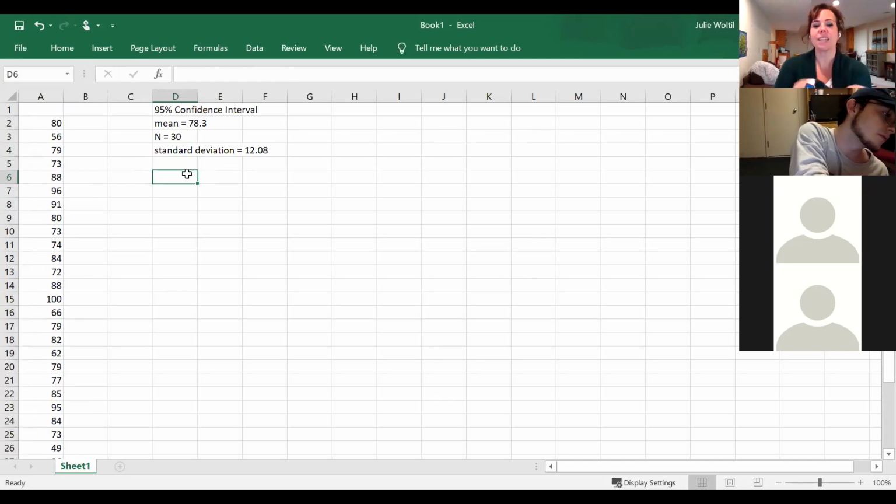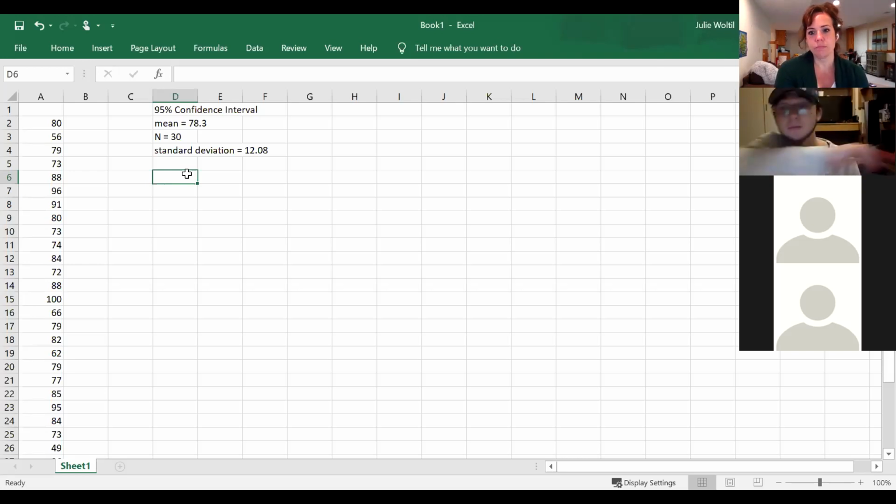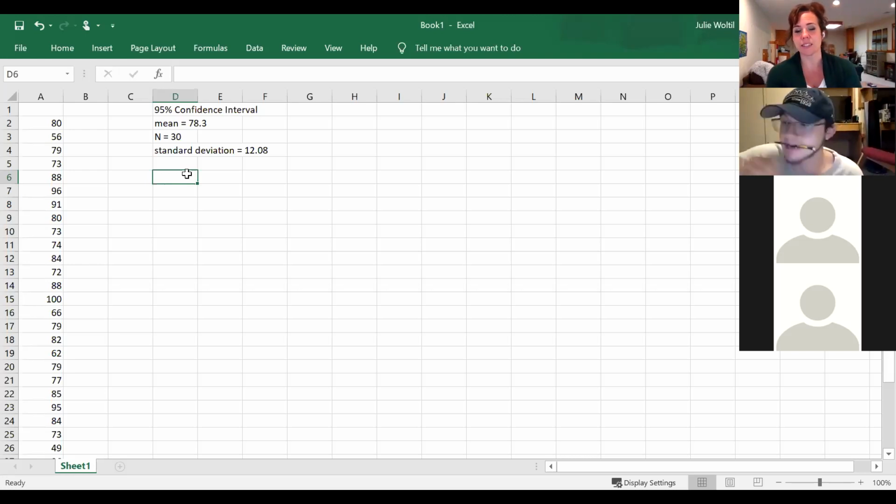So if we go back to our formula, what's the next step that I need to do in order to calculate a confidence interval? Something to do with standard deviation, maybe sample size. Is that ringing a bell?